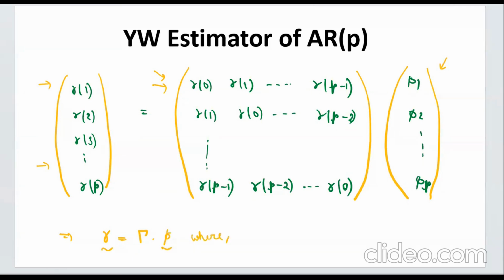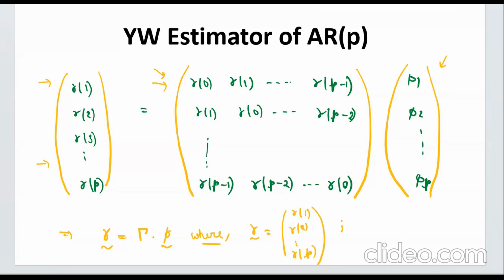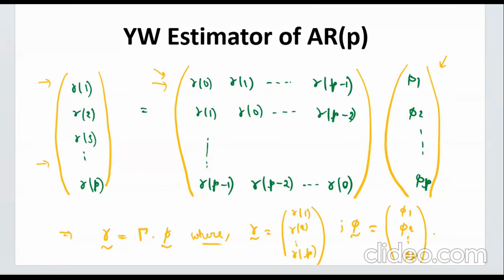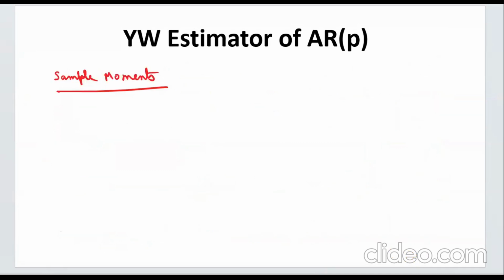So let me write that this gamma curl will be nothing but gamma 1, gamma 2 up to gamma p. And phi curl is basically phi 1, phi 2 up to phi p. As simple as that. So what we have done is just convert this into a matrix form, right? This will make our calculations easier.